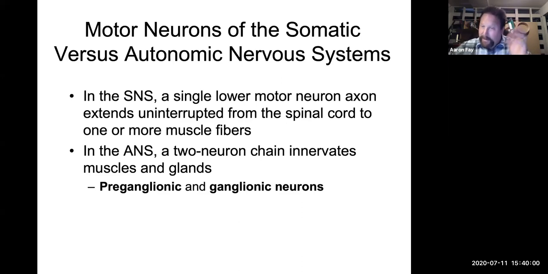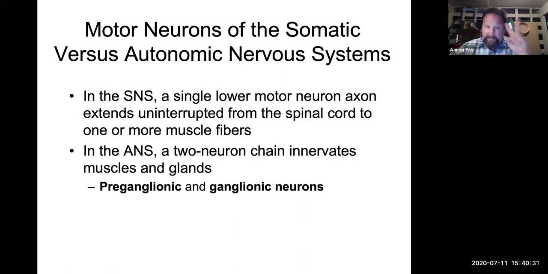But here in our motor pathway, our efferent pathway, our autonomic pathway, since we have a two neuronal pathway, and we have a synapse out in the body somewhere, we're going to have a ganglion now associated with the autonomic nervous system. If this terminology is still a little bit confusing, I'm trying to get you familiar with it. I'm going to show you a picture to explain all of this in a minute. So let's finish off the slide.